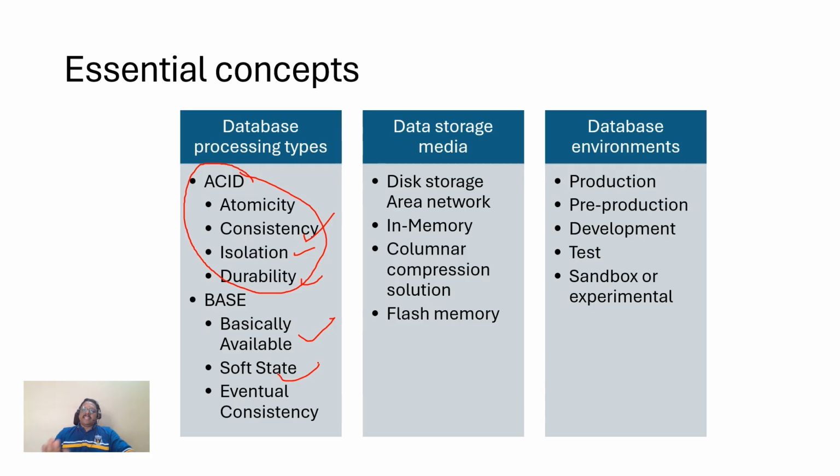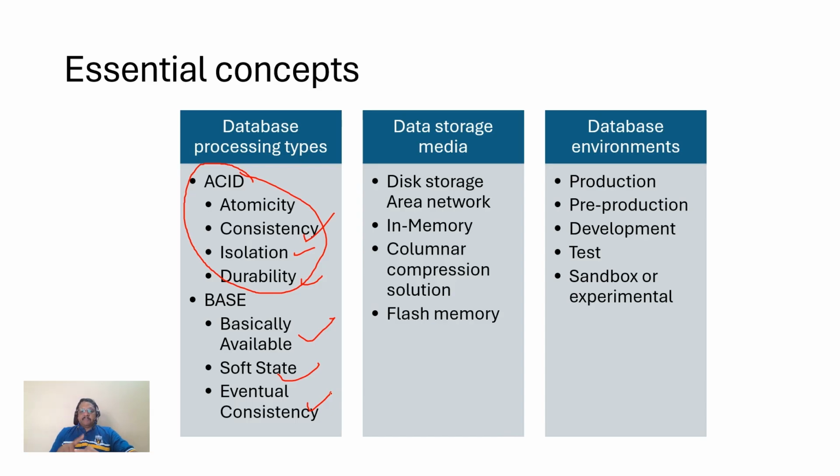It is flexible, changing every time. That is soft state. And finally, eventually consistent. Eventually consistent means don't worry if everything is not lined up right away. The system will sort itself out and become consistent after a while.